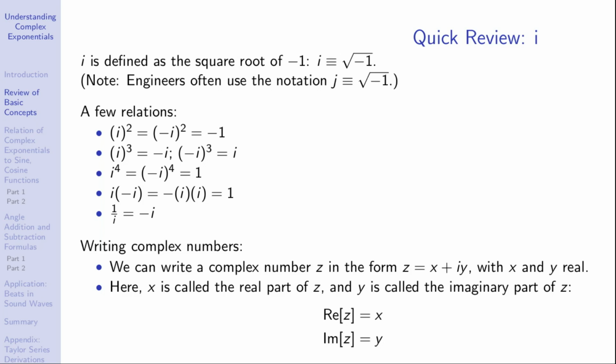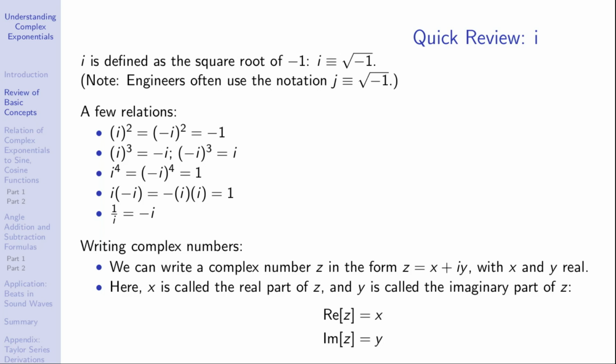Meanwhile, i to the fourth and (-i) to the fourth are both equal to 1. i times minus i equals minus i times i, which equals 1. And lastly, 1 over i equals minus i.